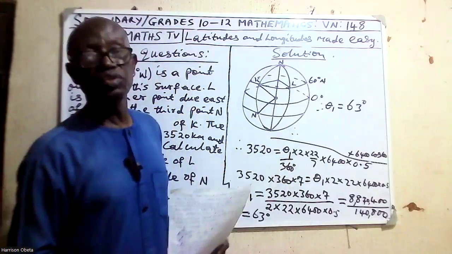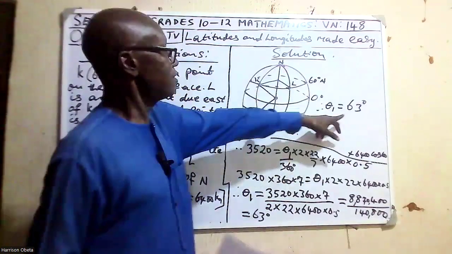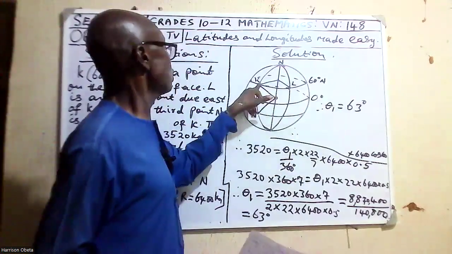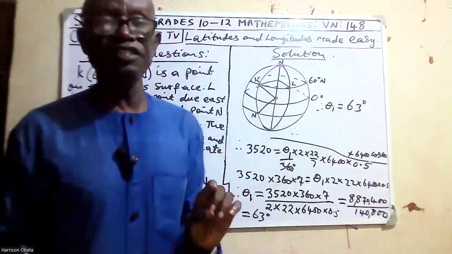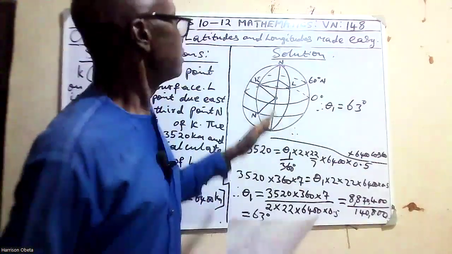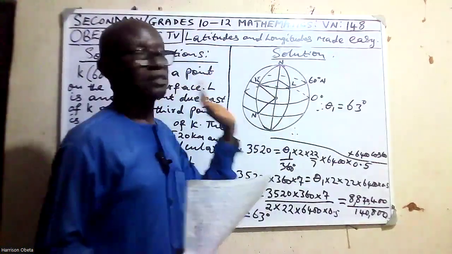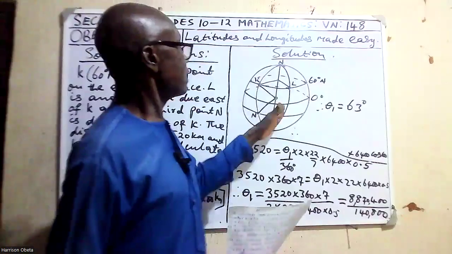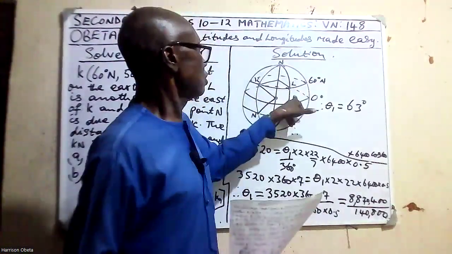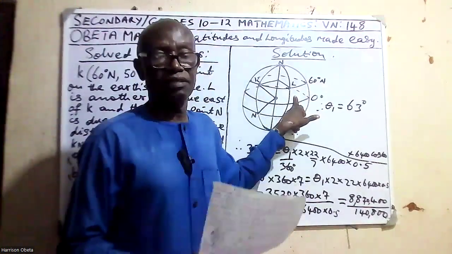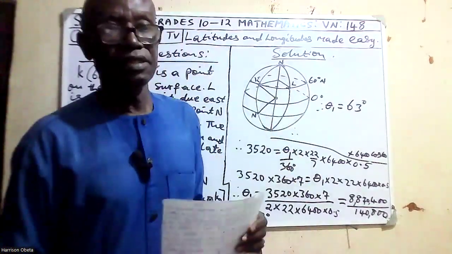So what you are going to do is to subtract this value from the longitude here. If we end up with a positive value, it means it's still at the western part. But if we end up with a negative, it means that it has crossed to the eastern part. That is how to check.